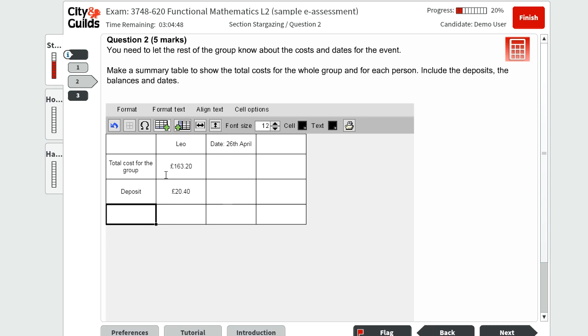We will need another row, so we'll have to click on this tool here. So it's giving us another blank row. We can put down, so we've put the deposit balance.